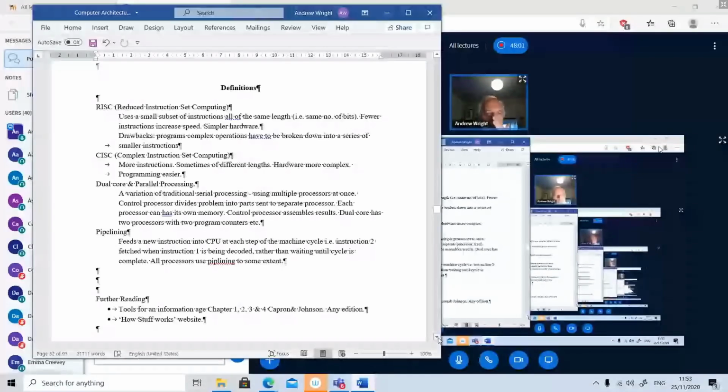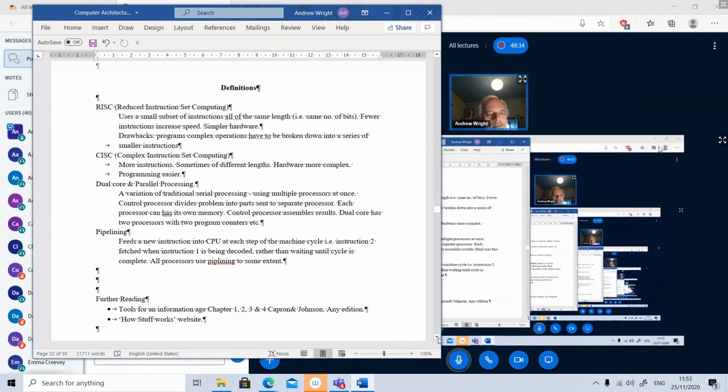If you have instructions, some 8, some 16, some 32, then you've got to make the hardware more complicated. So I think most machines now are RISC, and they're simpler. In terms of that, you probably need more instructions, so programming is easier for CISC, maybe. I'm not sure that's logical, but still. RISC is more instructions, but they're very simple instructions.